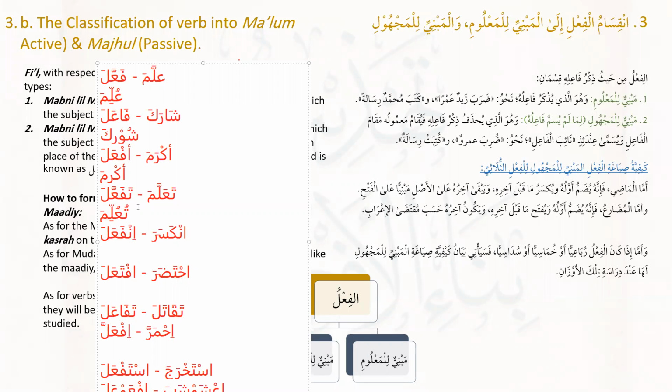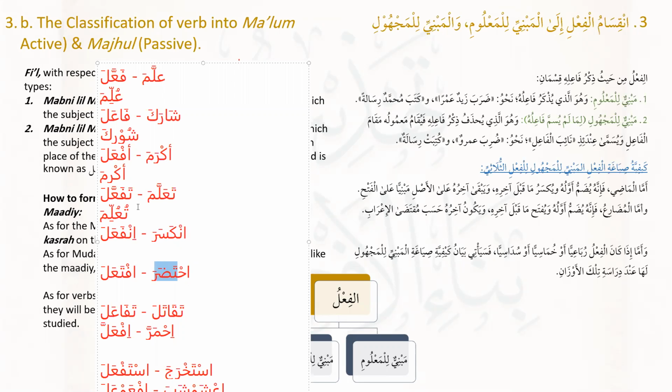It might not be considered the first letter of the fi'l, in the sense that if there is a word before ihtadara, then we wouldn't need this alif. So you move on to the second letter, and the second letter has a sukun. So you cannot put a dhamma on it. You have to let it remain sakin. So you start the process from the third letter.